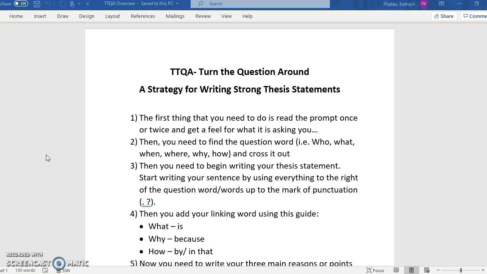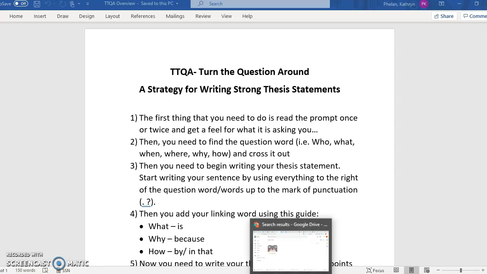If the question word is why, you're going to use the linking phrase because, and if the question word is how, you're going to use the linking phrase by or in that. Watch me as I do this, and this reference sheet will be in your reference toolkit, if you will, as you get going to write your thesis statement.